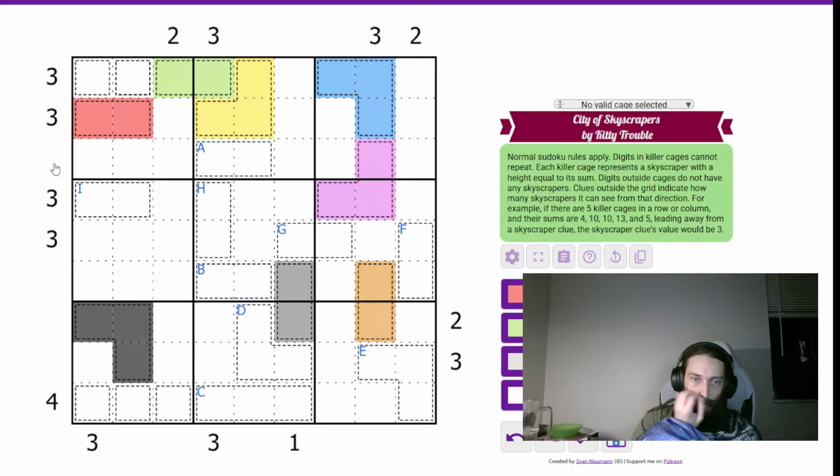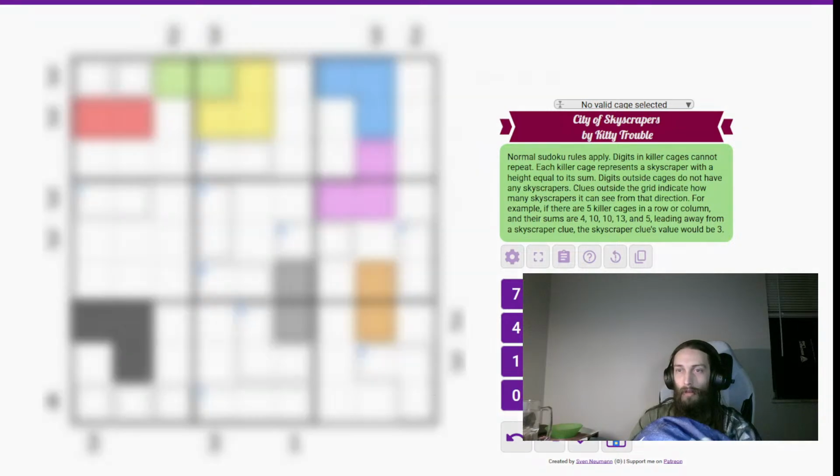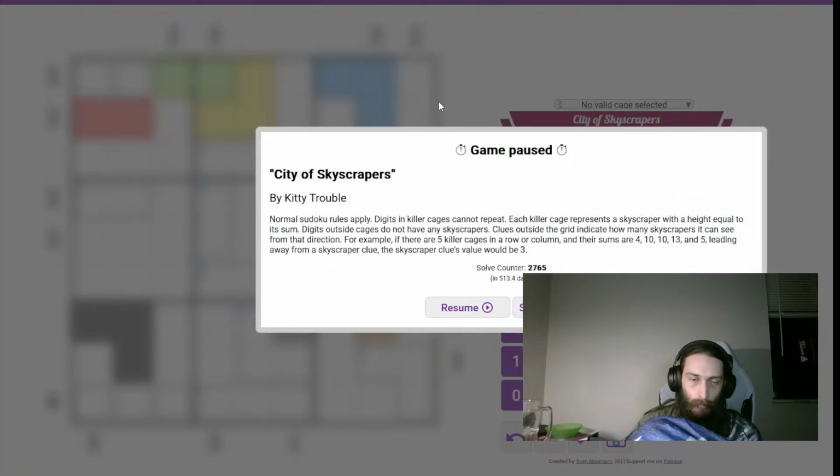I don't see us making progress. So maybe we just come back to this one? Yeah, I'm going to have to. Alright. Then hit the pause button here and we will come back to this puzzle.